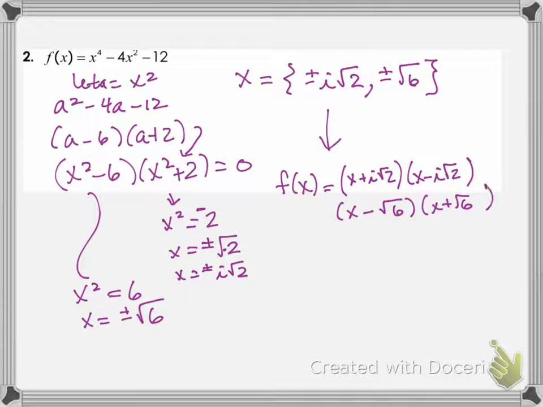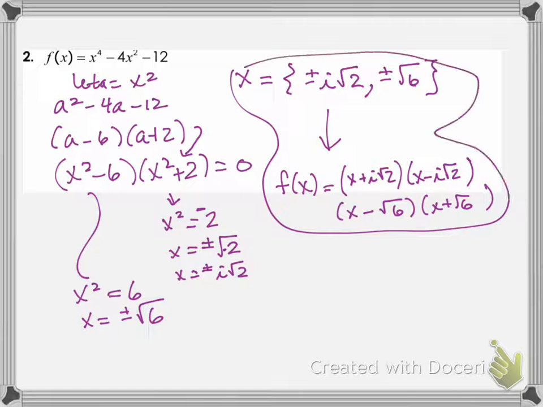So that's how you do that. So it will be all 4 of those terms. So you're using these roots that you got at the very back, or the zeros, roots, whatever.